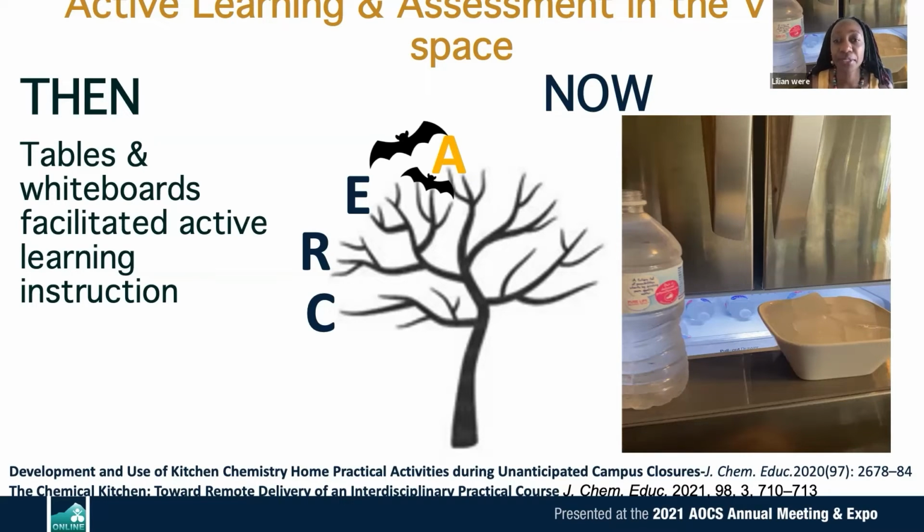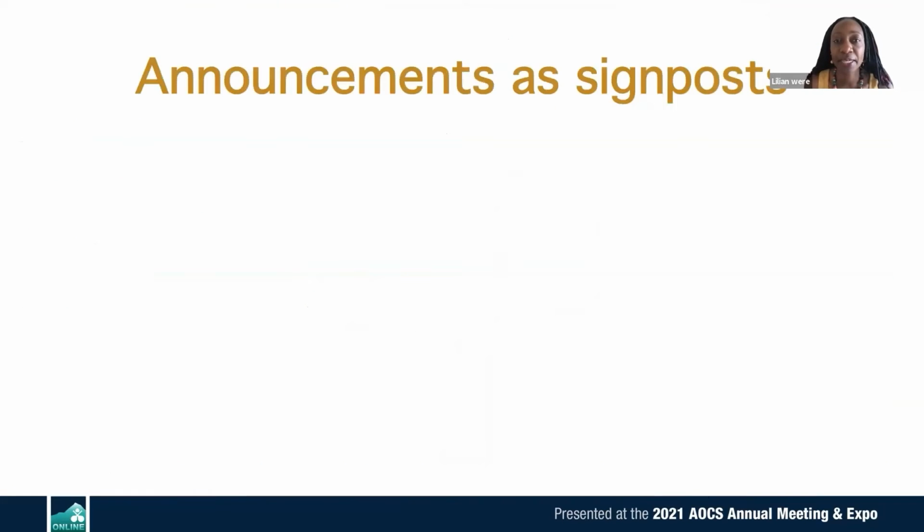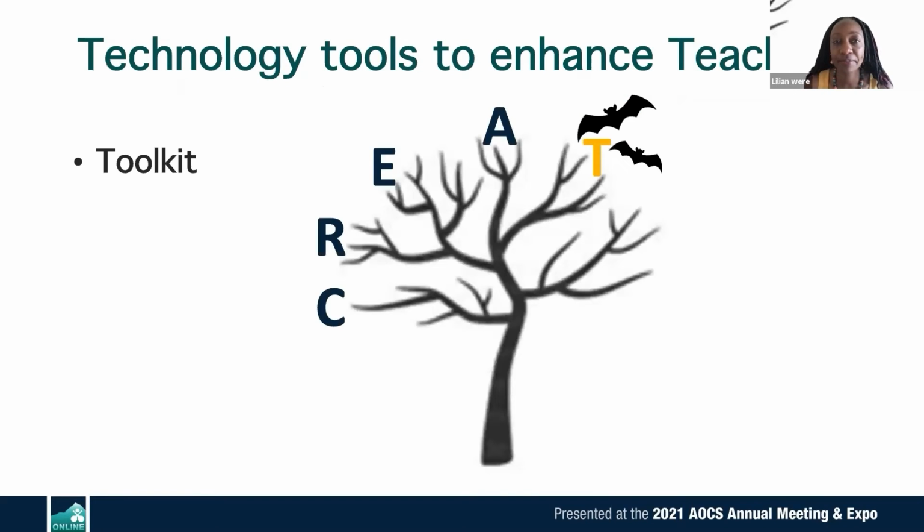So this is just one example, in the first unit of food chemistry, where we're learning about supercooling and nucleation, where they're freezing water in their freezers at home and in soda bottles and making observations and indicating why that's taking place. So this has been one way to ensure active learning in this virtual space. And then trying to optimize communication using announcements as signposts.